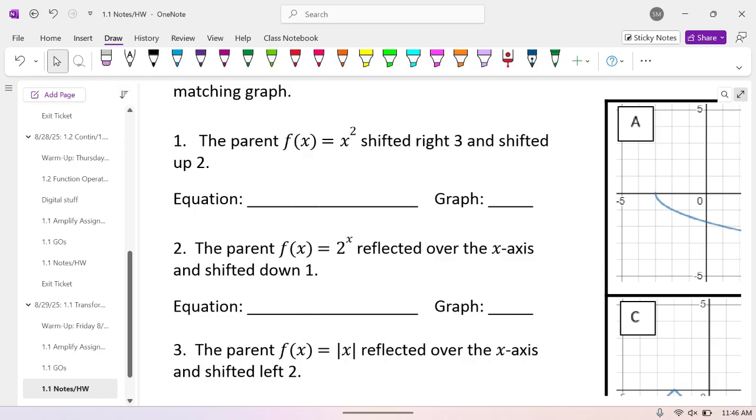All right. So first things first, it gives us the parent function f of x is equal to x squared. And it's going to be shifted right 3 and shifted up 2. So first off, because you do need to know how to identify them, what type of function is this going to be? If the parent function is x squared.